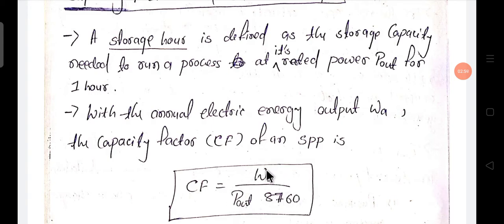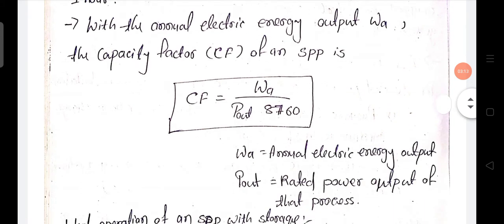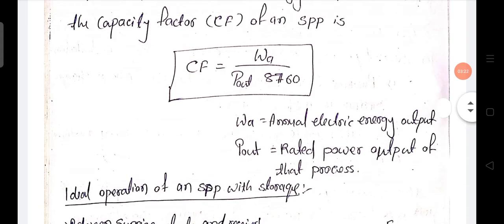WA is the annual electric energy output, and P out is the rated power of that power plant, or the maximum power output from that power plant. Remember this formula. This is called capacity factor.